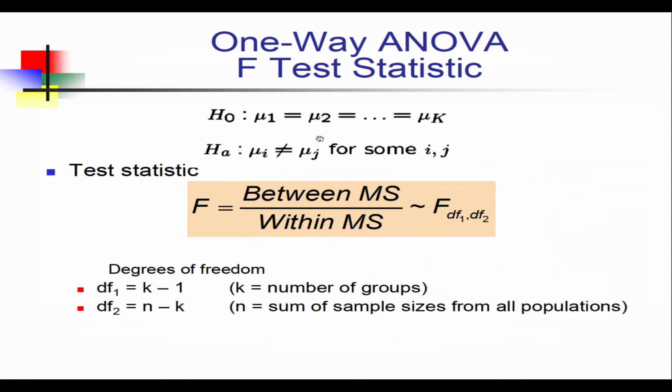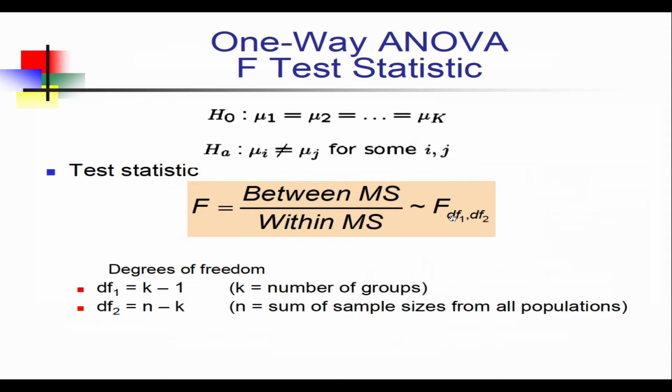So again, for this ANOVA test, the test statistic we call the F statistic. It's defined by the ratio of the between mean sum of squares divided by the within mean sum of squares. And this quantity follows an F distribution. Any F distribution is determined by two parameters, given by those two degrees of freedom.